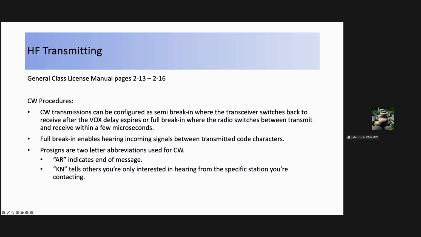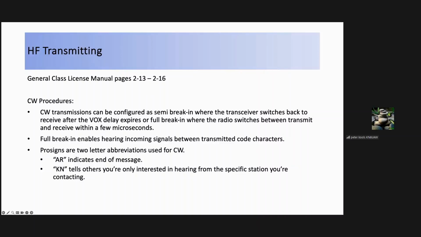You could transmit a particular character, stop transmitting, pausing for the next character, and your receiver picks up somebody transmitting on that same frequency. That's what full break-in means. Semi break-in means you'll probably miss most of it. Full break-in means you'll probably get most of it.